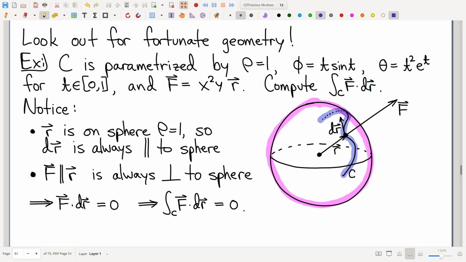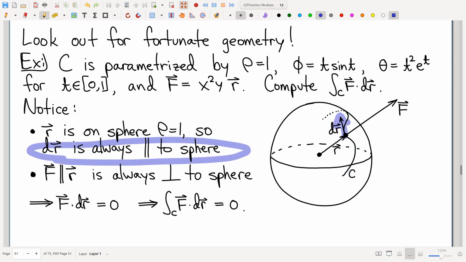If I am moving along the surface of the sphere, then my tangent vector is parallel to the surface of the sphere. That's a geometric argument, something you've got to just sort of think about, right? If you're walking along the surface of the Earth, your velocity doesn't have any upward component to it, right? If you're walking along the surface, your velocity is tangent to the surface.